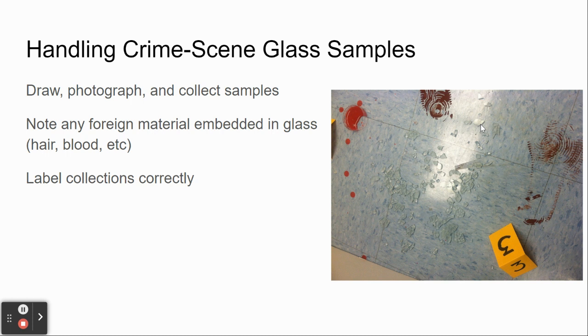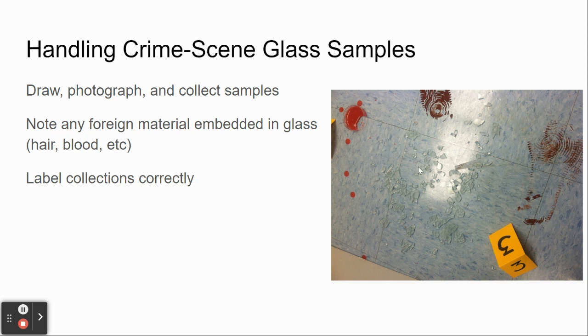Once you have them, then you can take them back to the lab and you can perform the basic density, refractive indices, and Becke line tests. And then you'll be able to determine whether or not those pieces of glass were from the same source, at least hopefully.